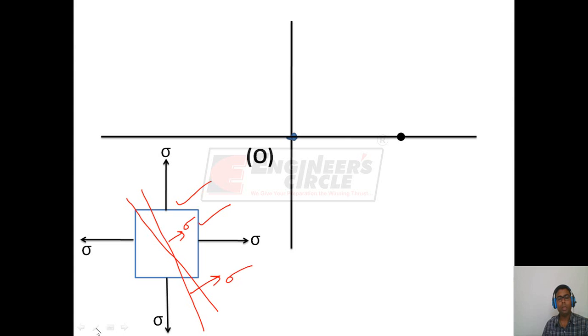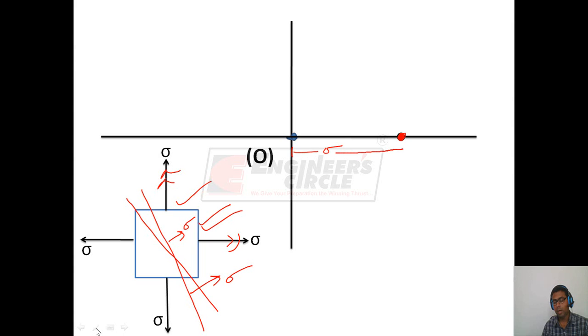On this plane also we have sigma, on the vertical plane also we have sigma, on the horizontal plane also we have sigma. So all the planes will have an equal state of stress, that is normal stress is sigma and shear stress is 0.